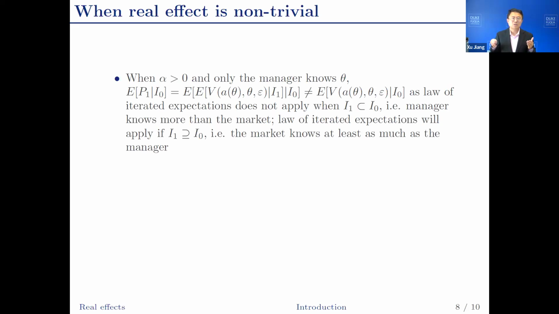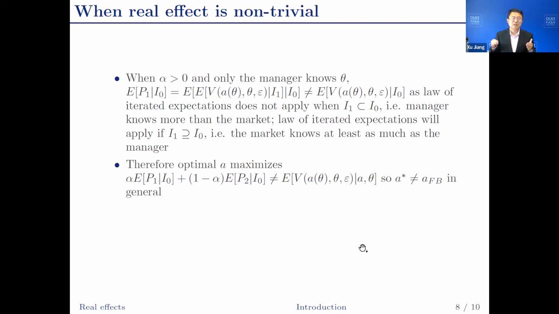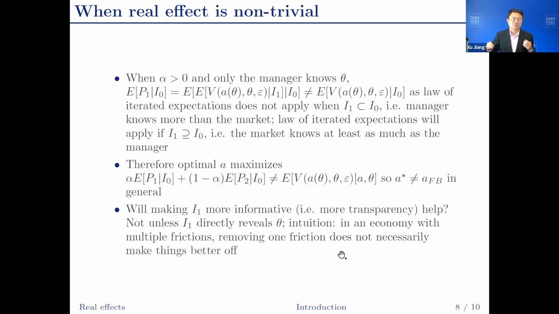If you think about when the law of iterated expectations applies, for example, think about I1 as tomorrow's weather and I0 as today's weather. Then tomorrow's weather clearly contains more information than today's weather, because tomorrow's weather includes today's weather information as well as some information related to tomorrow. So the optimal A to maximize the weighted average of the expected price would in general result in a solution that is not the first best.